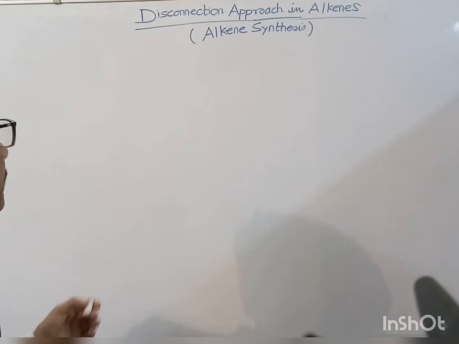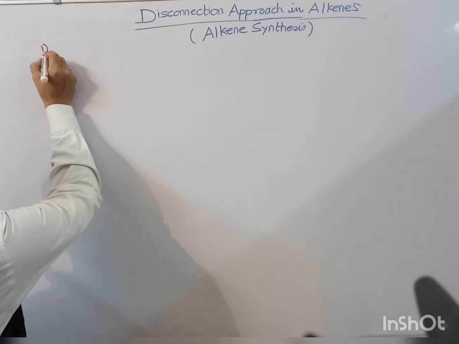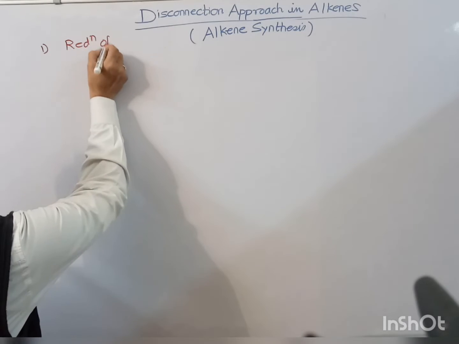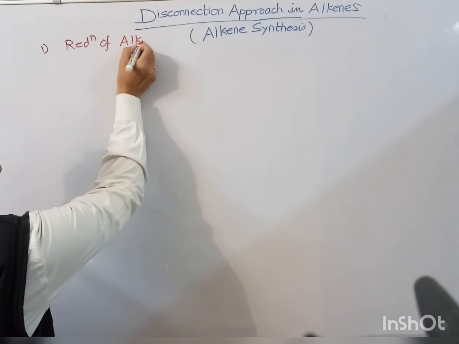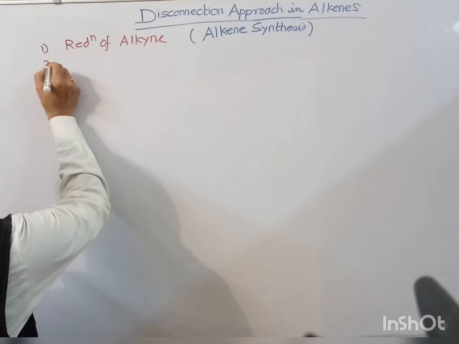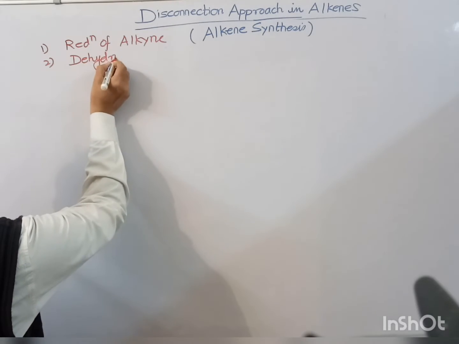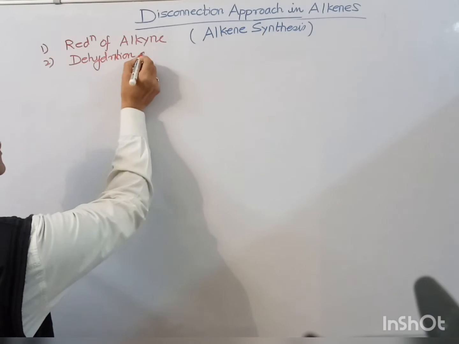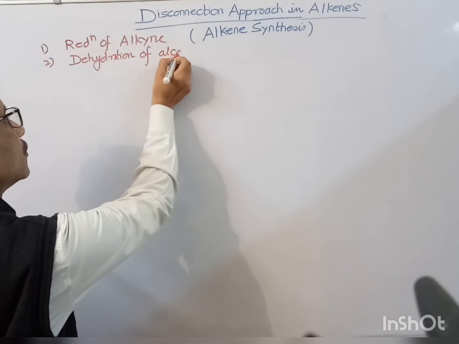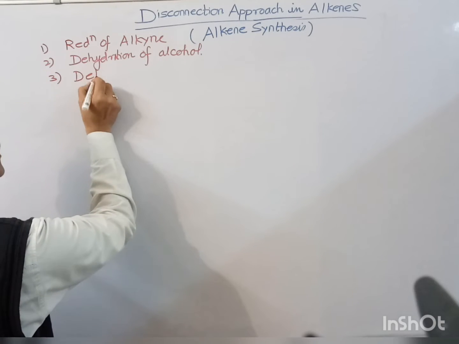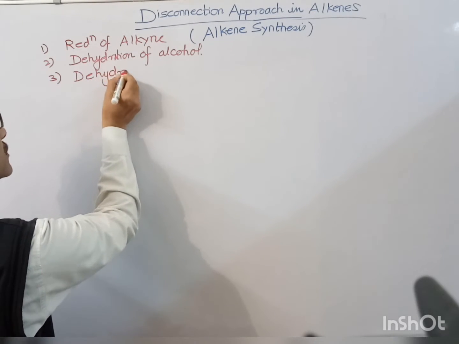So one of the ways is the reduction of alkyne, or via dehydration of alcohol, or you can do it via dehydrohalogenation of alkyl halide.